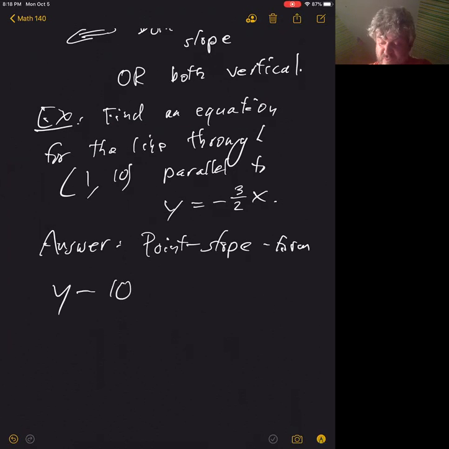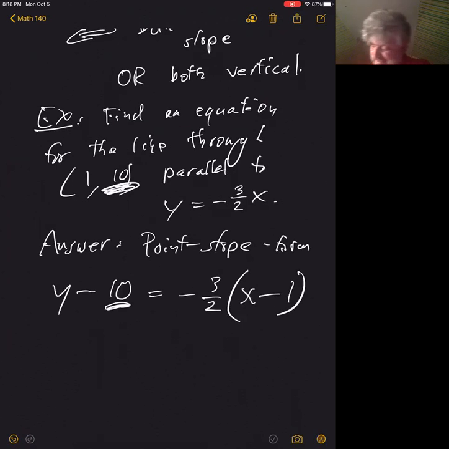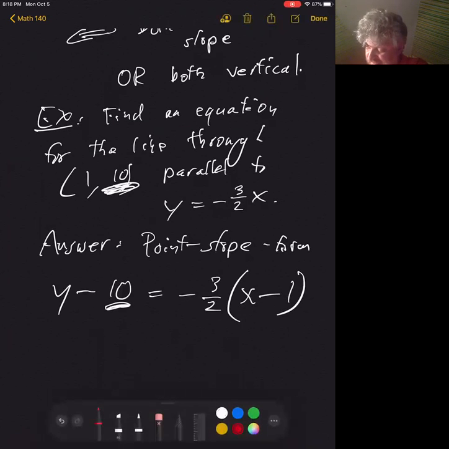You grab that y value, put it right here, equal to negative 3/2, the slope, times x minus 1. That is using the x value here, the 1, and subtract it right there.